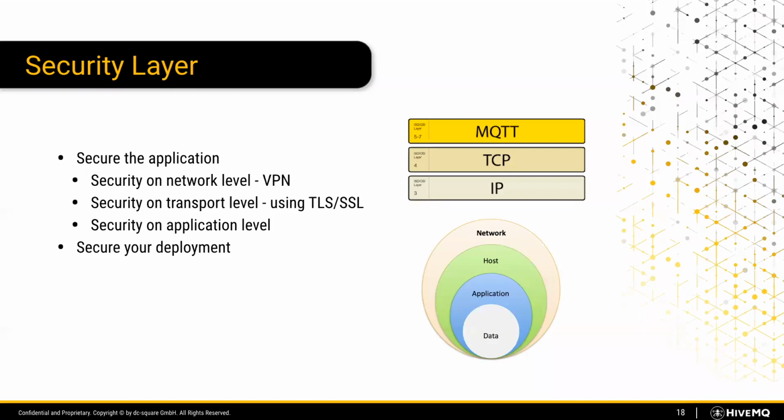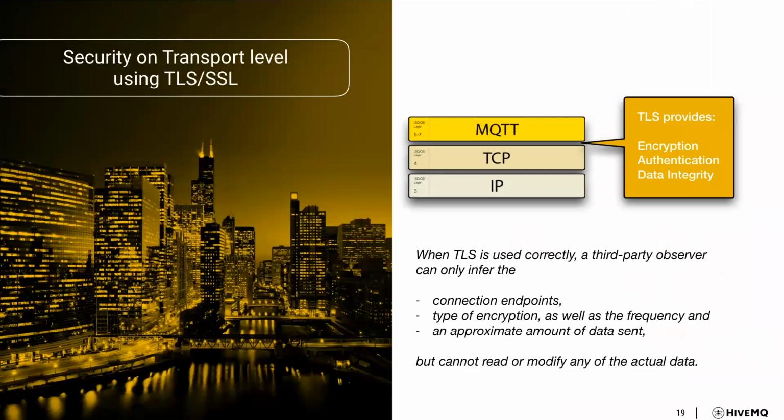MQTT, as shown by this picture, lays on the OSI layers 5 to 7 on top of TCP/IP, and it can also be combined with TLS encryption. So additionally to MQTT on the application layer, we can also add TLS.